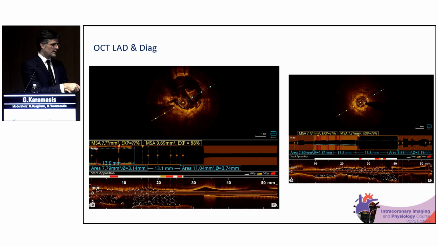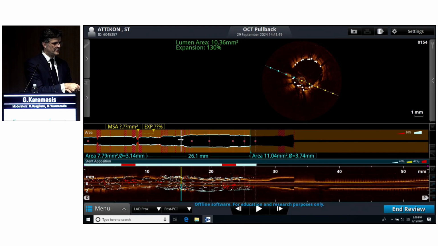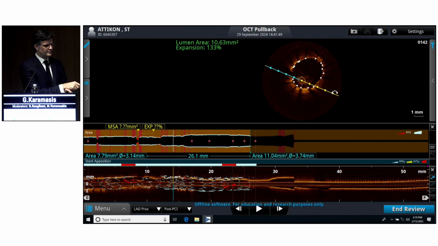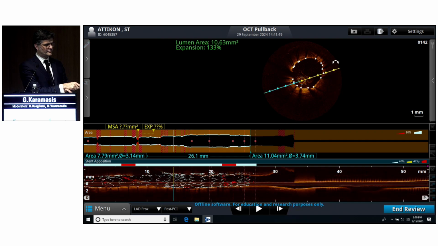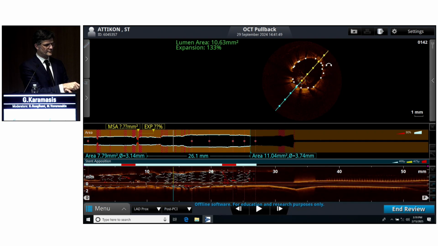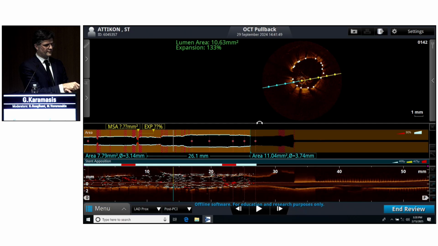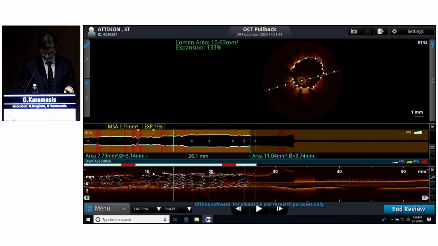And maybe we can show the last, we can change back to the laptop and see the last run in the LAD. Okay, I think this is the last run in the LAD. Let's try to depict the diagonal much more clearly. Here is the bifurcation with the diagonal. This is left main, this is the circ.